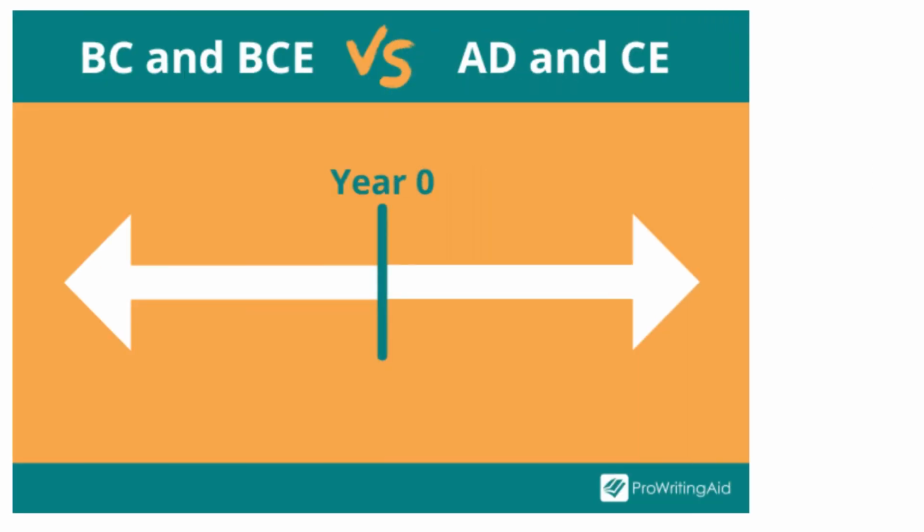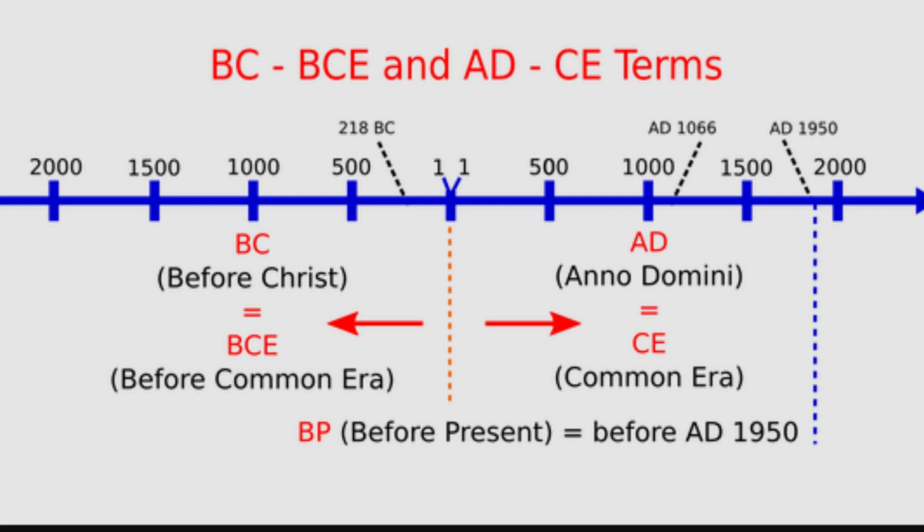In BC and BCE, we count years backwards. That is, the year 500 BC or 500 BCE refers to 500 years before the birth of Jesus. That is, 500 BC is older than 300 BC.